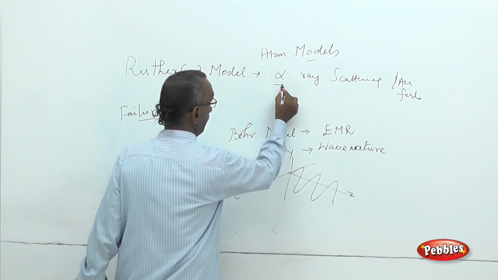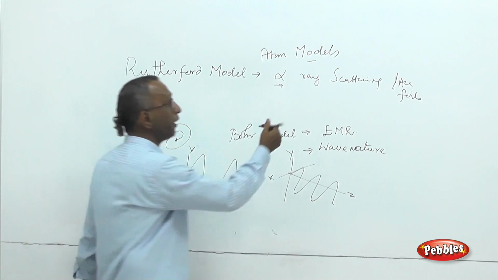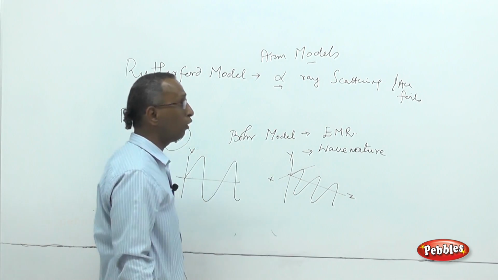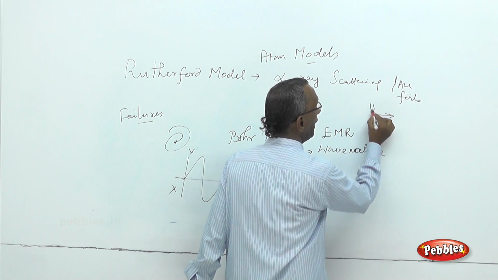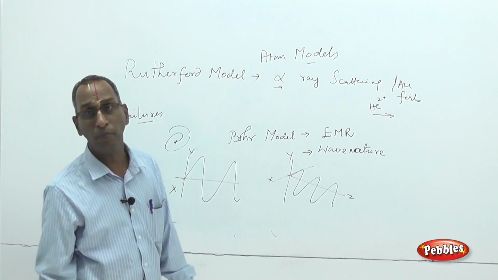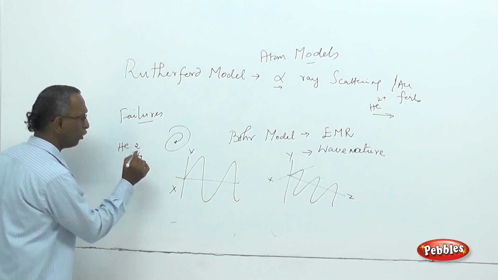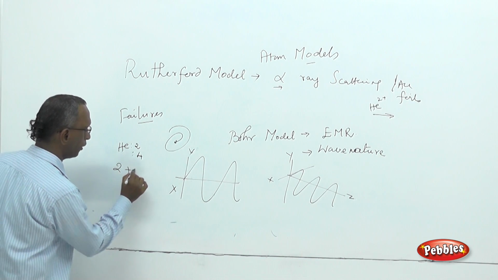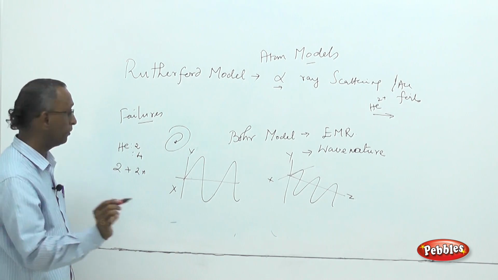The pioneering experiment for this Rutherford model is alpha ray scattering using gold foils. He bombarded helium nuclei. Helium atomic number is 2, mass number is 4, which means it contains 2 protons, 2 neutrons and 2 electrons.